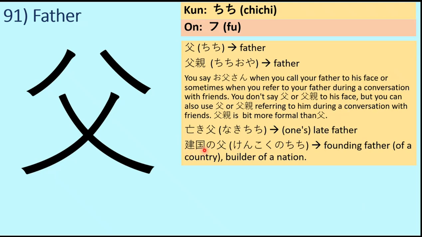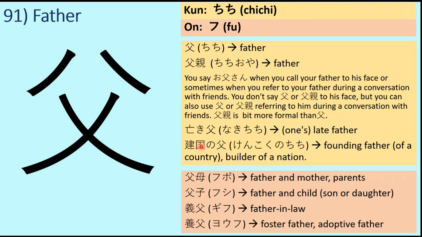We will look into this character in today's lesson itself. The fifth symbol of today's lesson is this, which is kuni or koku, which represents the country. So to build a country, and we have father. Together, this means builder of the nation, that is the person who is the founder of the nation or country. So kenkoku no chichi.